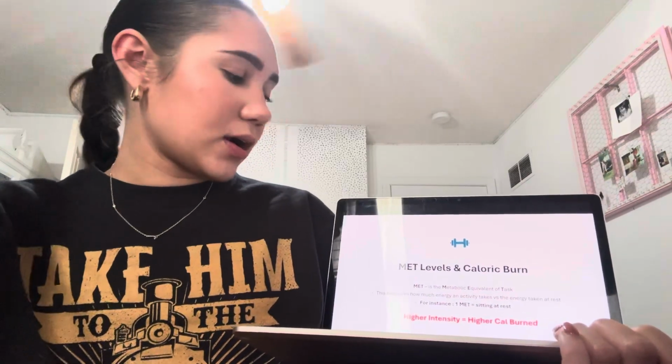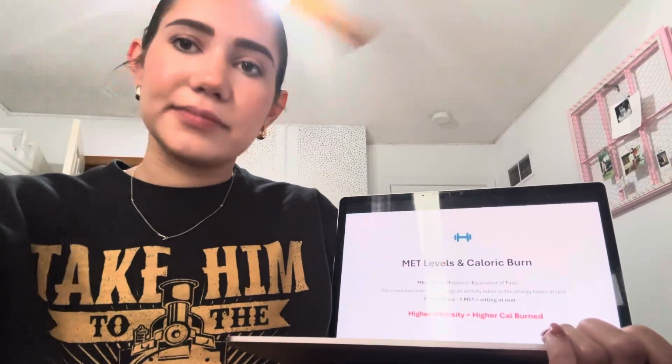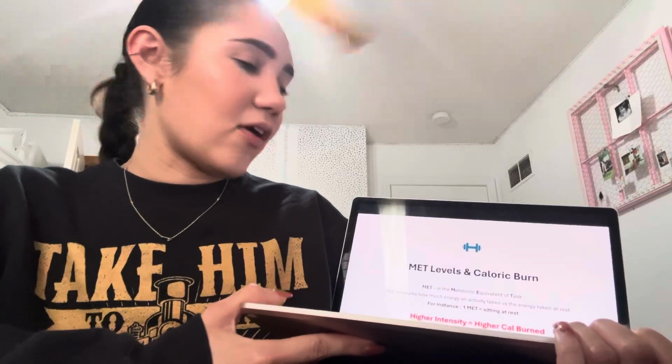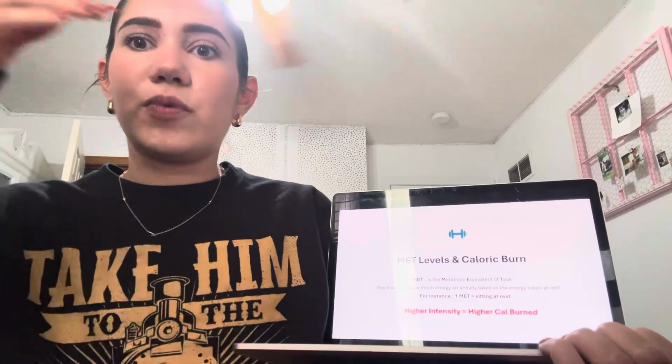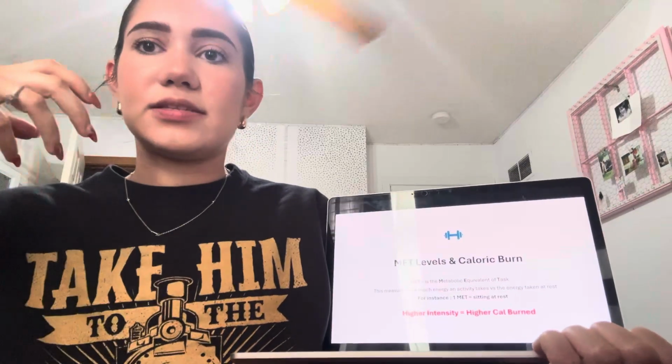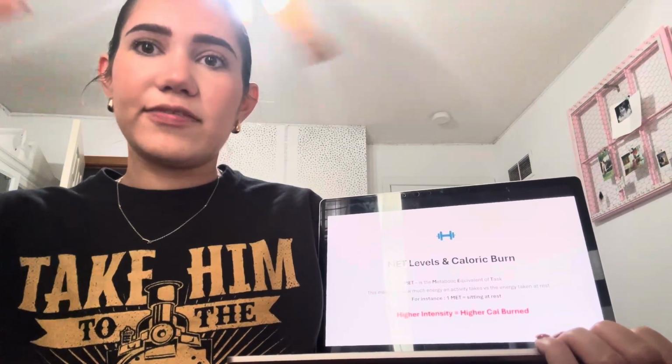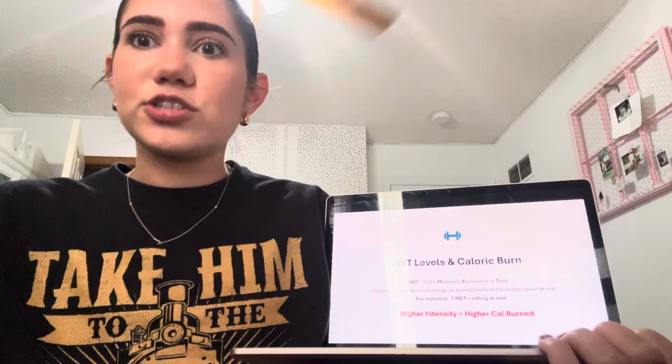So the higher the intensity is, the more calories you burn, which makes sense because when you're using these energy systems, they aren't going to work if they don't have fuel, if they don't have those carbohydrates, those fats, and I talked about how important fats are, for example, for your oxidative process. You're not going to be able to just rely on carbohydrates for that.